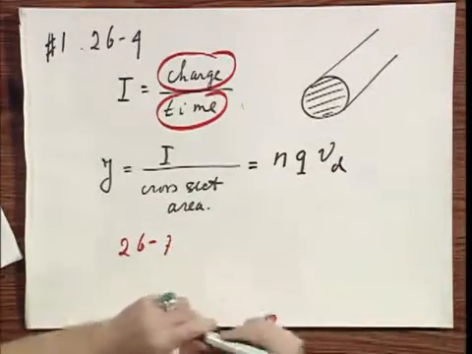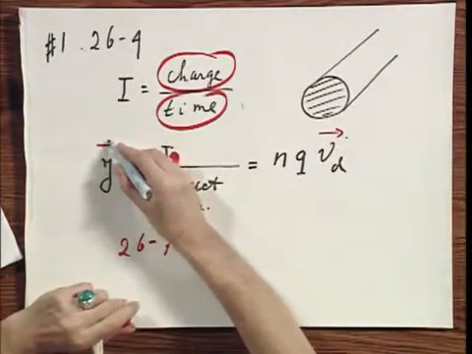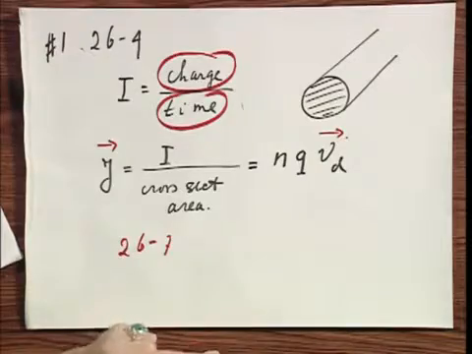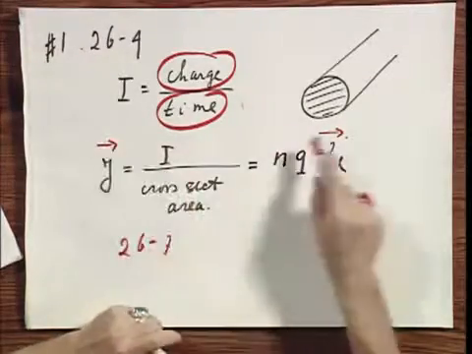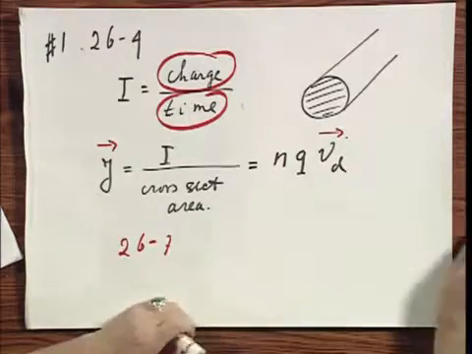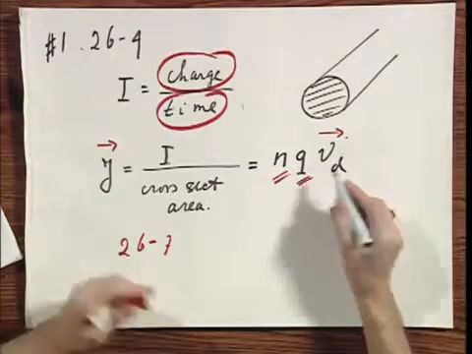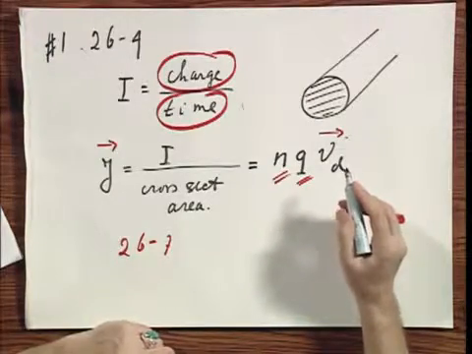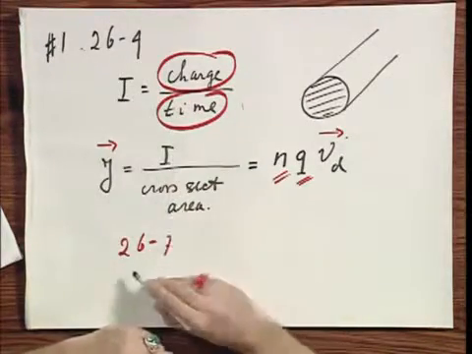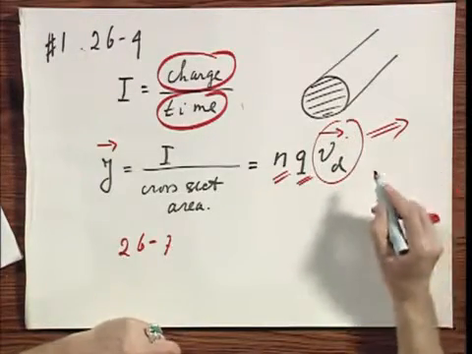If you want to be really complete, there has to be a vector here, and a vector here. Since you know the number of free charges per cubic meter, you know the charge of an electron, and you know J because you just calculated I, obviously you will find the drift velocity.